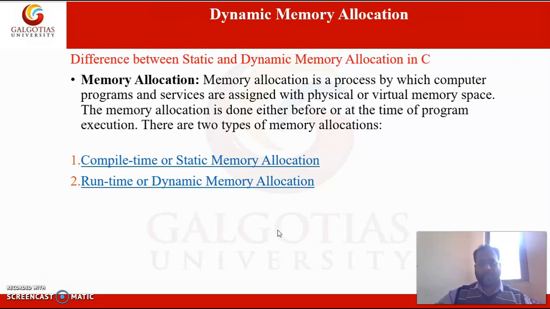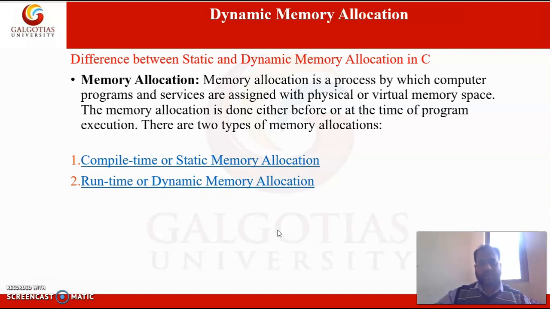Dynamic memory allocation is a process by which computer programs and services are assigned physical or virtual memory space. The memory allocation is done either before or at the time of program execution.